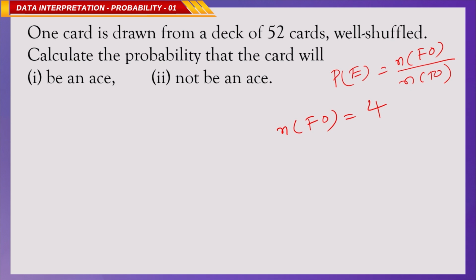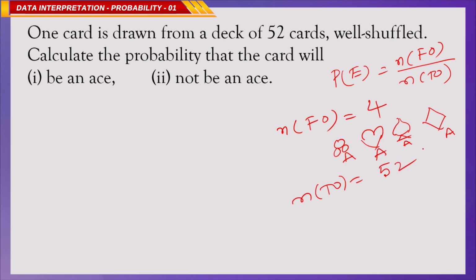Spade, diamond, club and heart. These are the 4 aces. One ace, another ace, one more ace and the diamond ace. Totally 4. What is the total outcomes? The total outcomes is 52 cards.